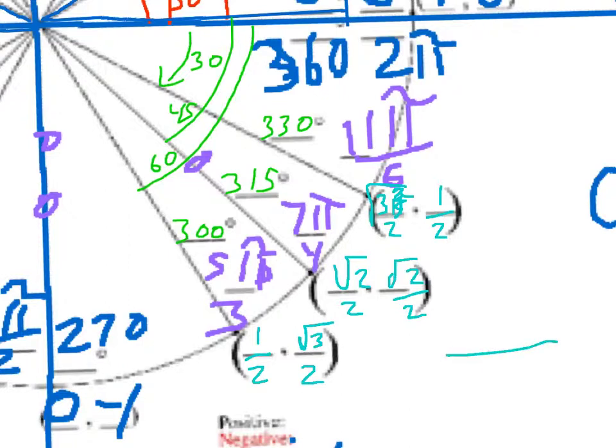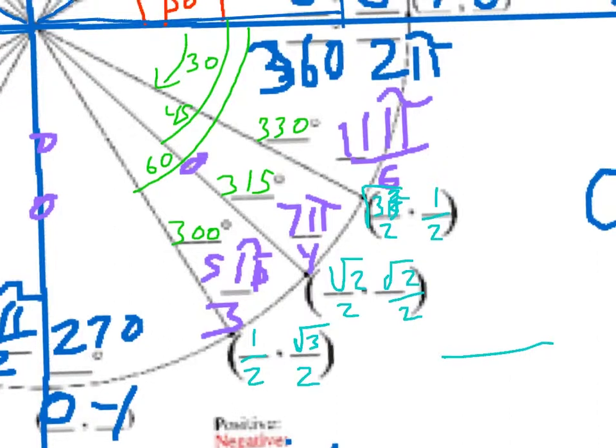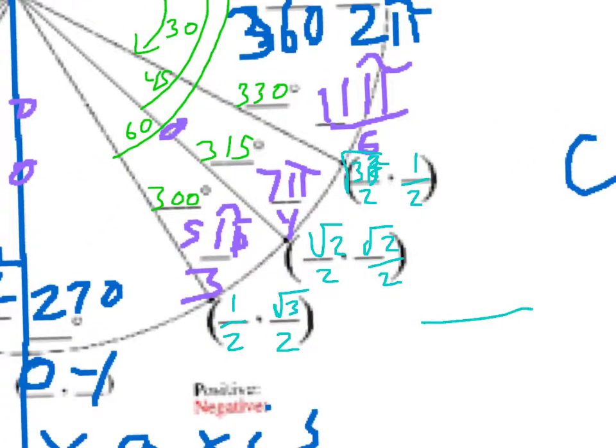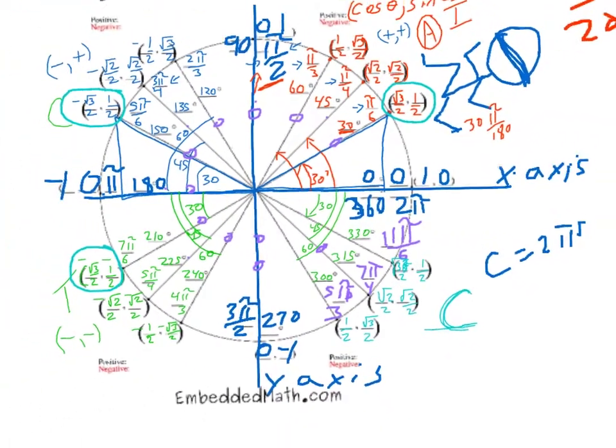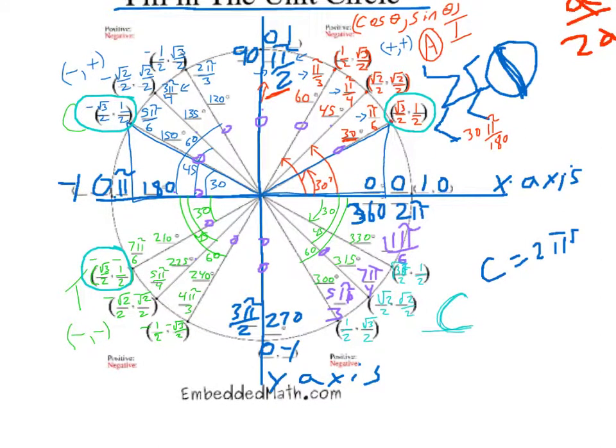Now over here, we know the only thing that's positive over here is cosine. Cosine's positive over here because that deals with the x's. Alright, so let's see what we have. All of them are positive here. Just sine is positive here because that deals with the y.